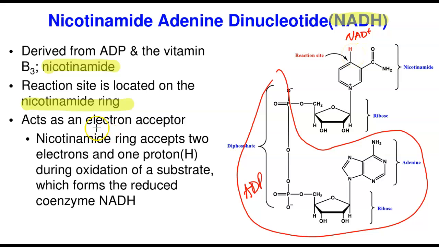It acts as an electron donor or proton or hydrogen donor, whichever you want to use. So the nicotinamide ring accepts two electrons and 1 proton. It's important we know that it accepts two electrons and 1 proton during oxidation of the substrate, and now forms the reduced coenzyme, which is NADH.